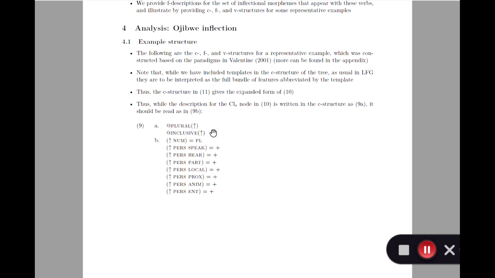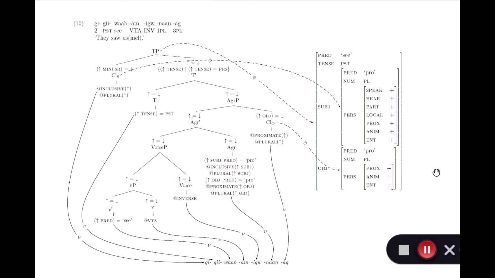So here, this @inclusive tells us about the breakdown of the person features, whereas the plural template basically says that the number equals plural. And so we have an example structure in here.